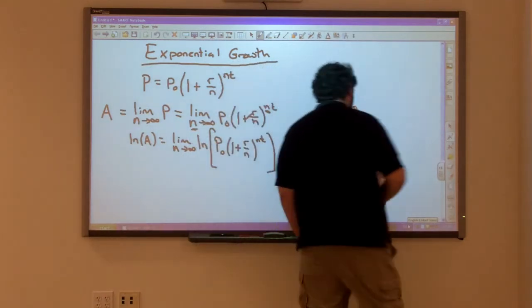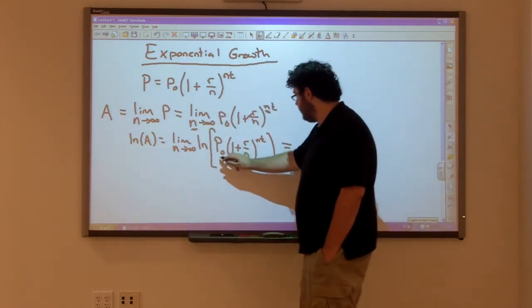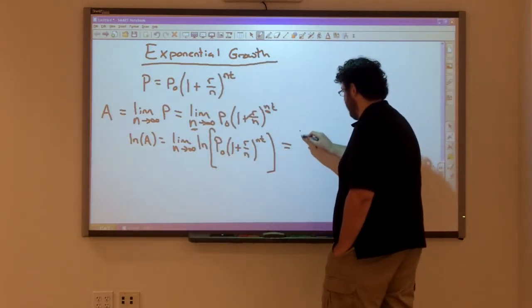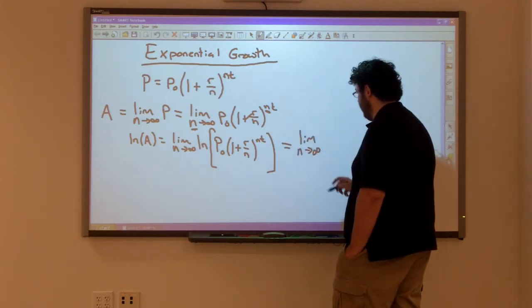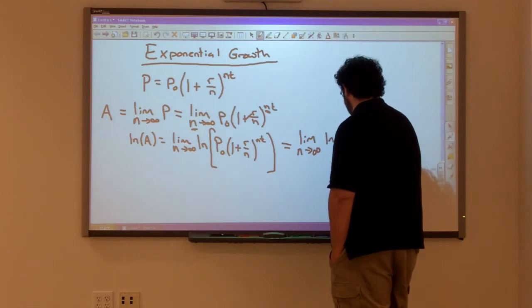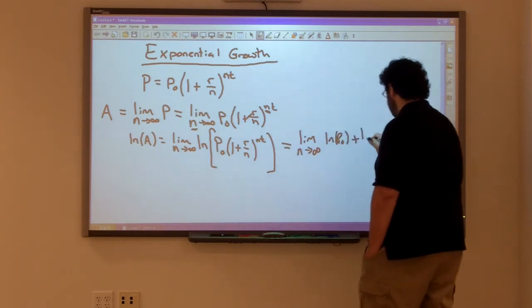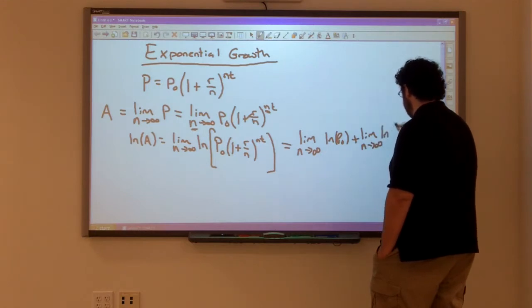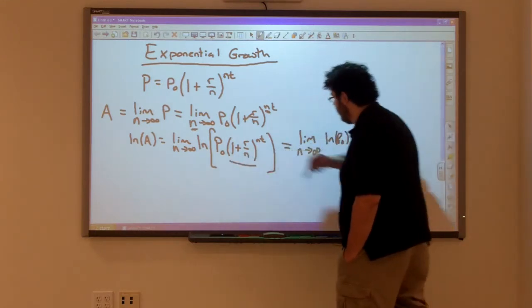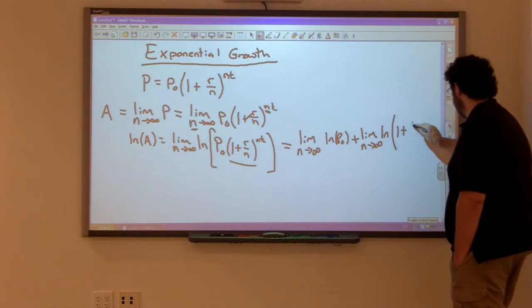From our rules of logarithms, we know that we can break this up because there's a product. So we have the limit as n goes to infinity of the natural log of P naught plus the limit as n goes to infinity of the natural log of this part.